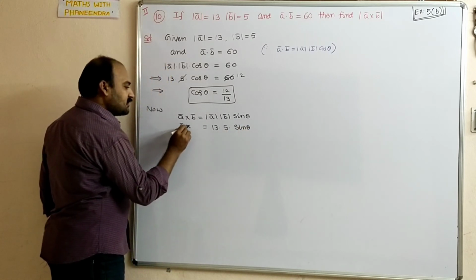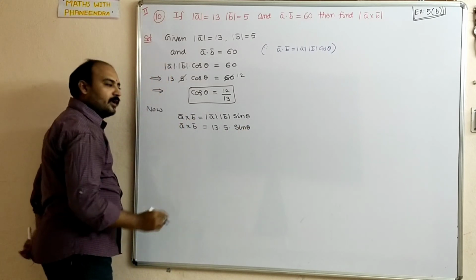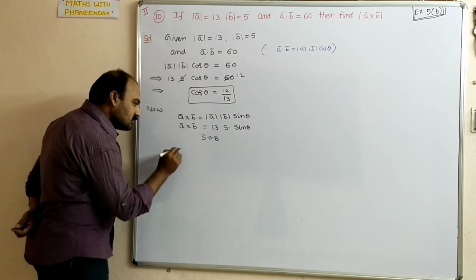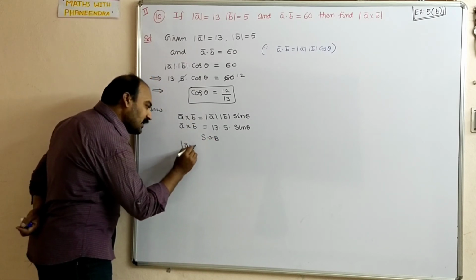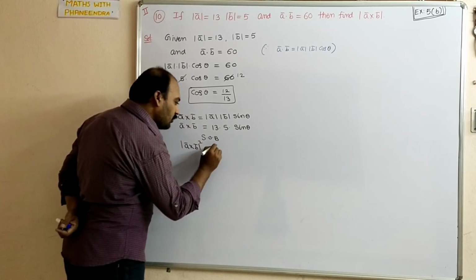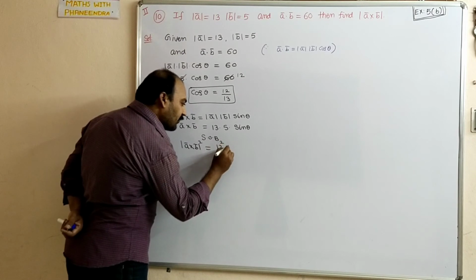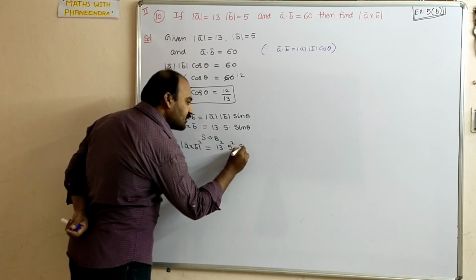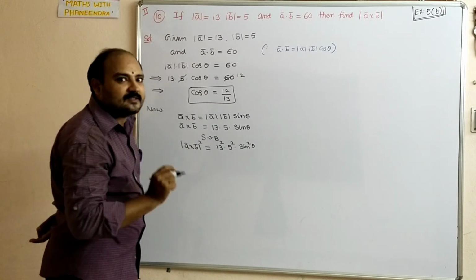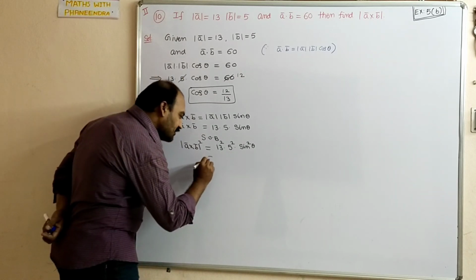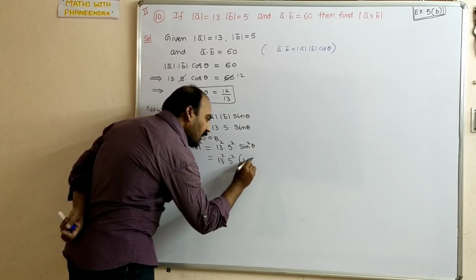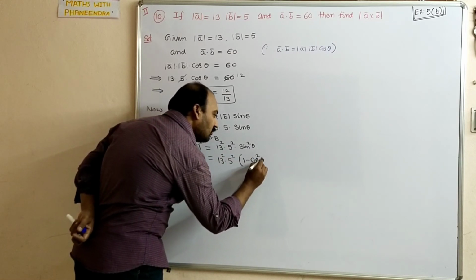Now squaring on both sides, the magnitude of a bar cross b bar whole square equals 13 square into 5 square into sin square theta. Sin square theta we can write as 1 minus cos square theta. So which is equal to 13 square into 5 square into 1 minus cos square theta.